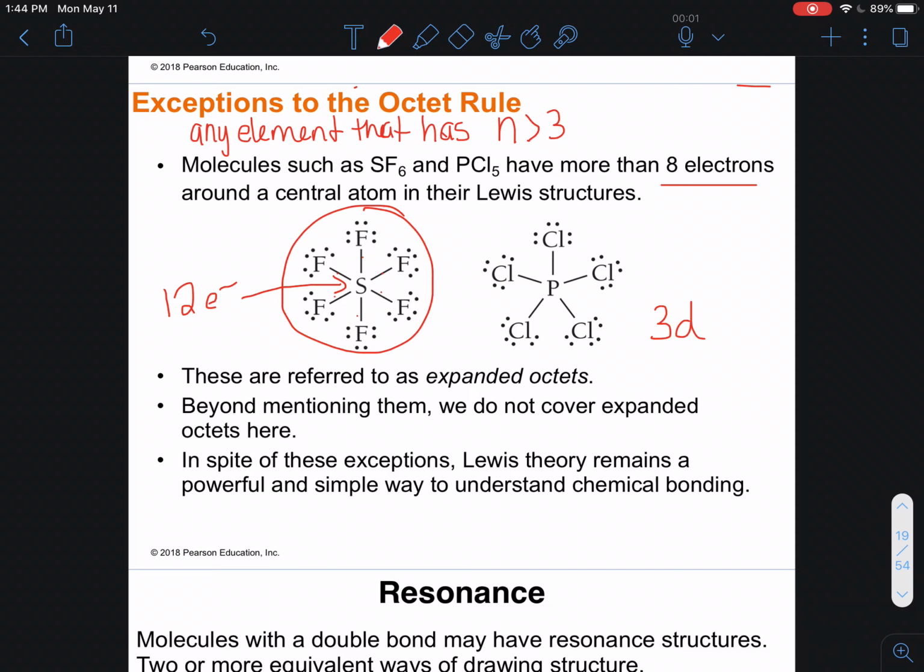Fluorine only has 8 associated with it because it is in the n equals 2 shell. It does not have access to the empty 3d orbitals or subshell. Phosphorus, same thing. Phosphorus is in the n equals 3 as well, so it has access to these empty 3d orbitals.